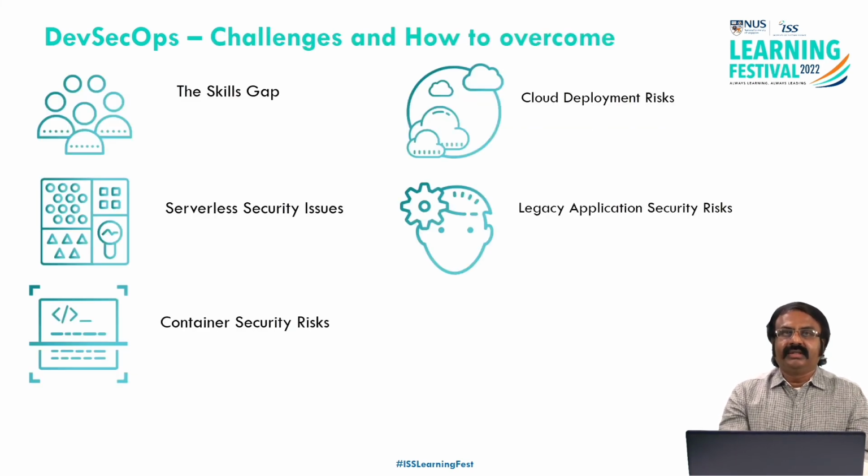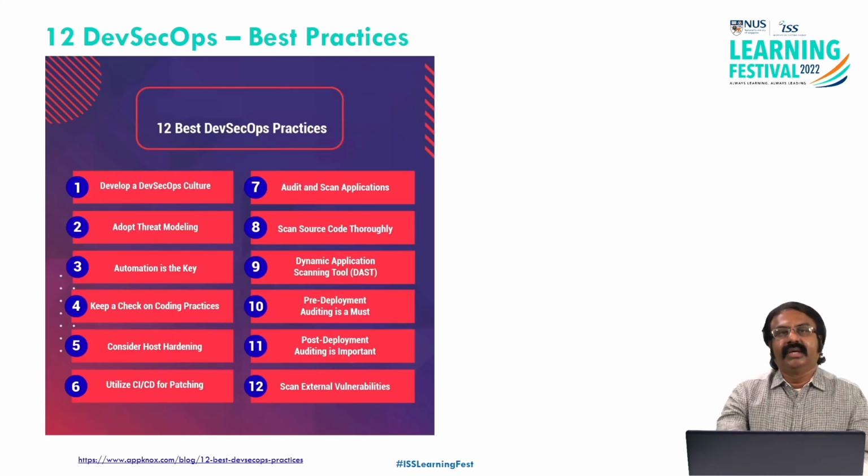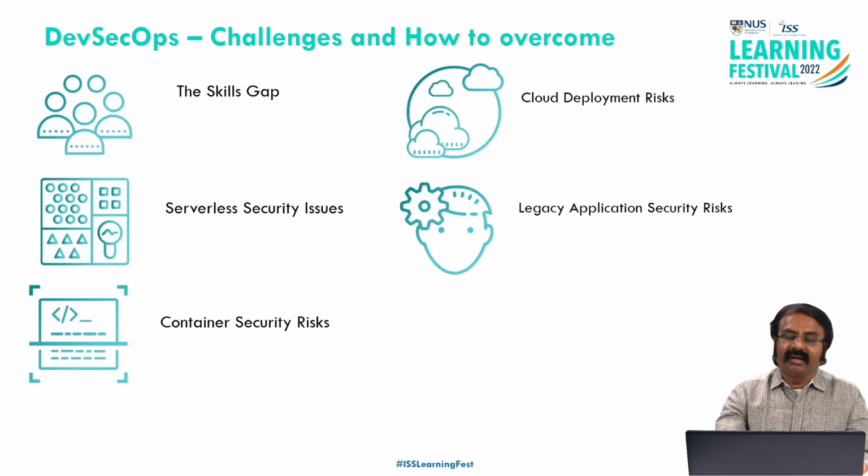So what are the challenges, and how do we overcome these DevSecOps challenges? The skill gap is a prime one. As I mentioned on slide number 7, related to the best DevSecOps practices, all those issues have been addressed there. So the skills need to be improved, and there is cloud deployment risk, serverless security issues, and legacy application security risk, and how to overcome them.